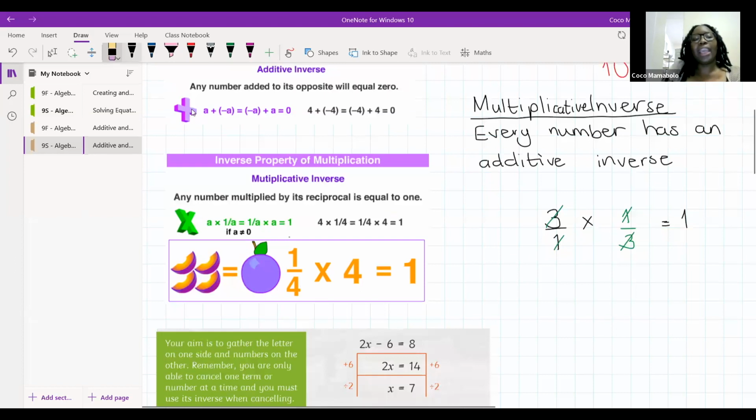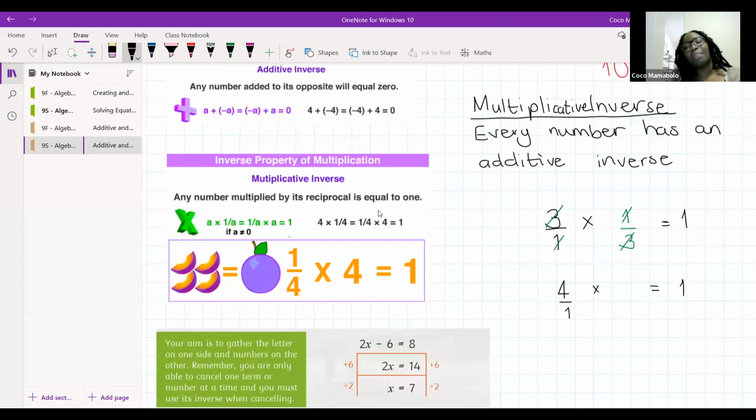If I have the number 4 and I want to multiply 4 by something and I want the answer to be 1, the first thing I'm going to do is take 4 and put it as a fraction. I'm going to rewrite it as 4 over 1.